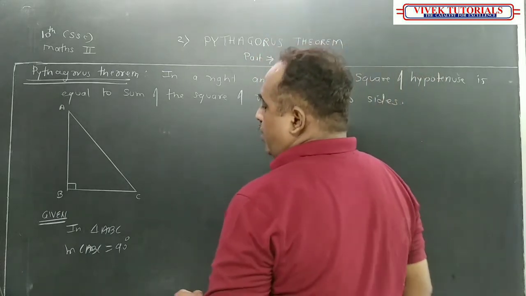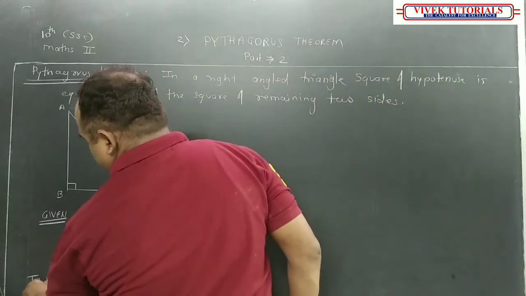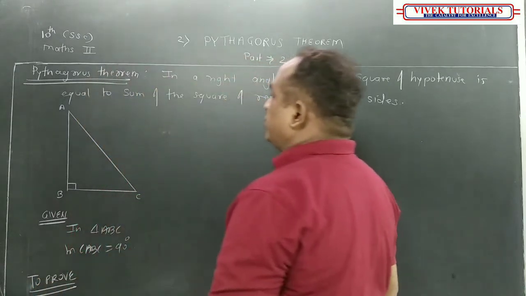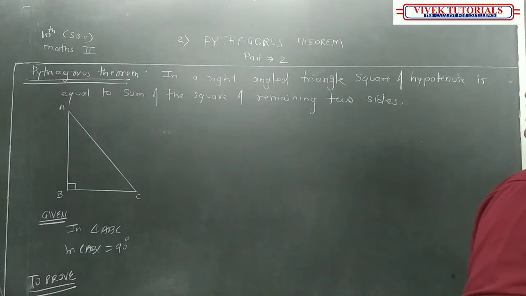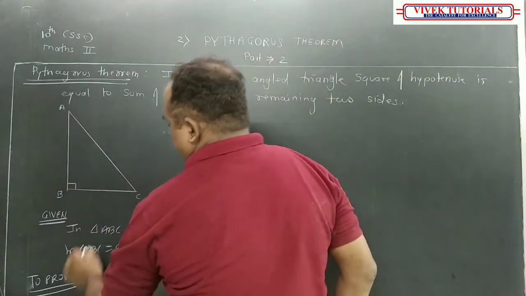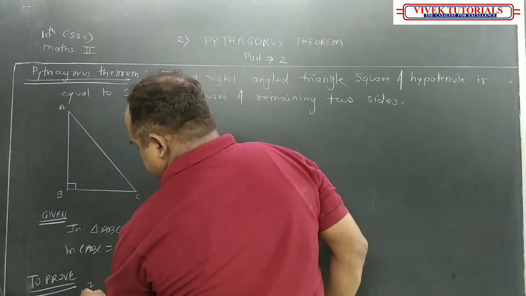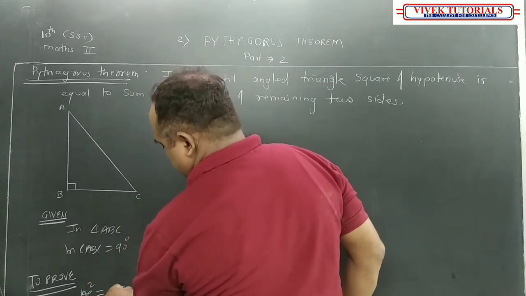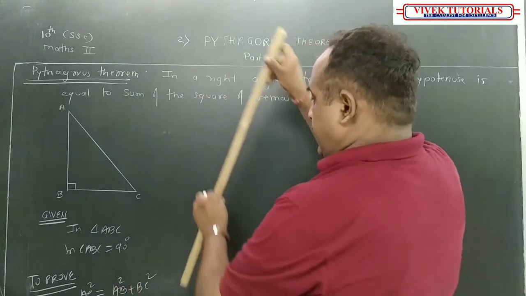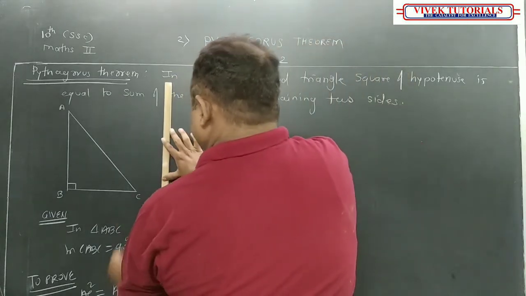Okay, and what we are going to prove? You are going to prove that in a right angle triangle, square of the hypotenuse, here this is the hypotenuse, that is AC square is equal to AB square plus BC square.